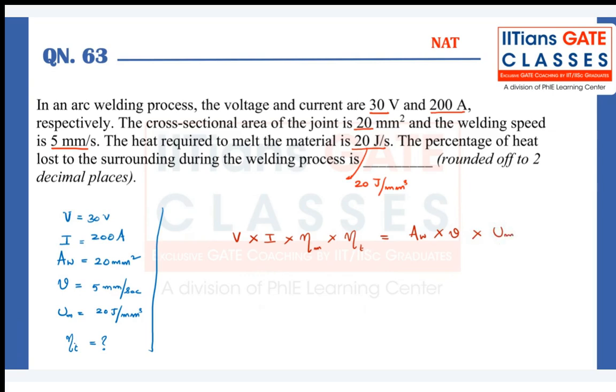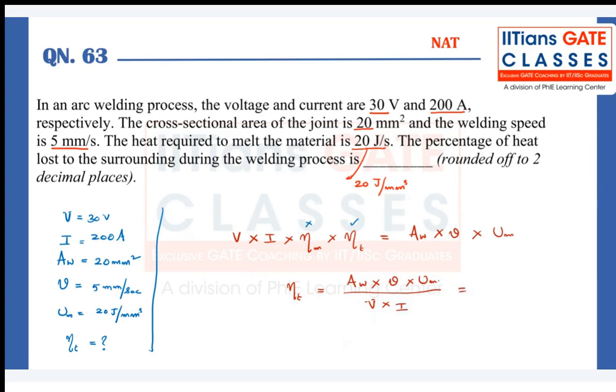Here the melting efficiency is not given, so you just remove that term. Now everything is given. What we need to find is this one. Write the equation. The heat transfer efficiency to the surroundings is equal to AW into v into unit melting energy divided by V into I.